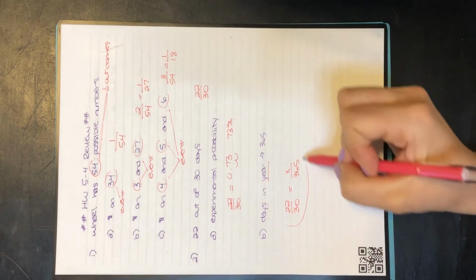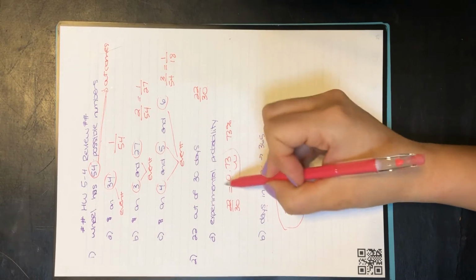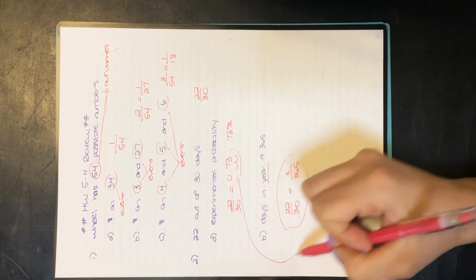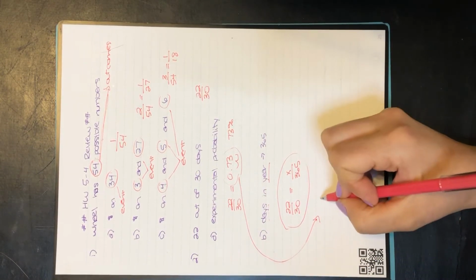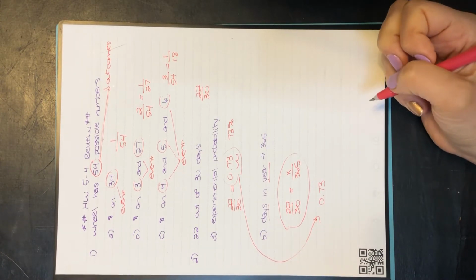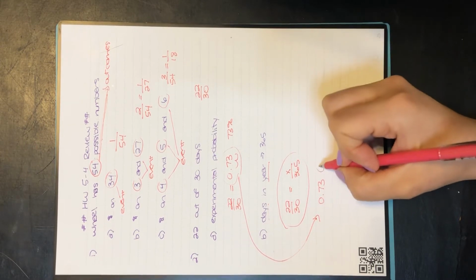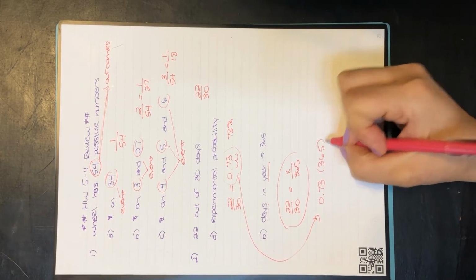So we're going to look at how to do it this way later, but I'm going to start by using my decimal, my 73% or my 0.73. And so if I know that 0.73 is how often they're correct out of 365 days, I can just multiply them together.